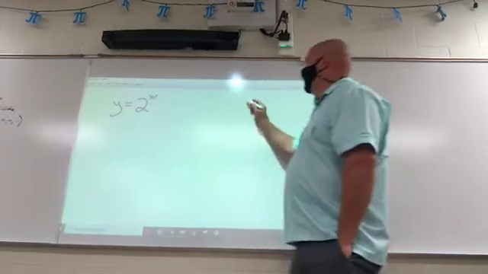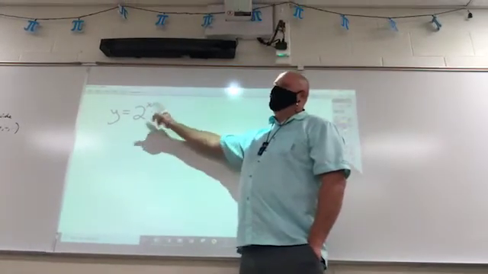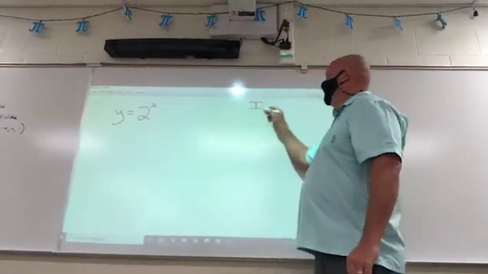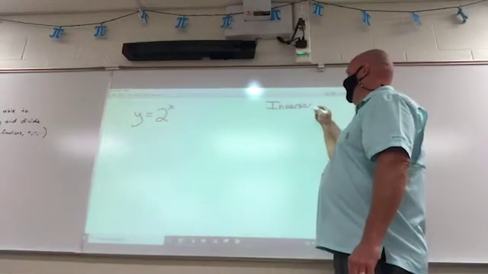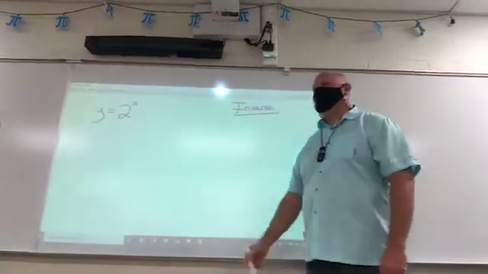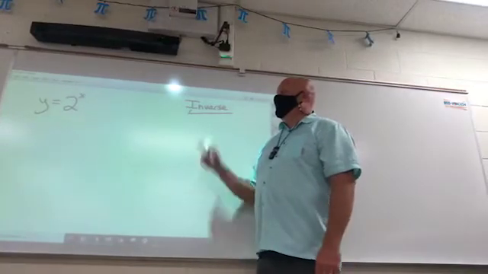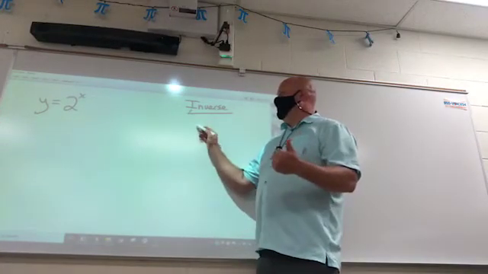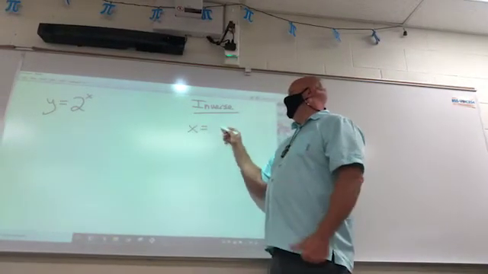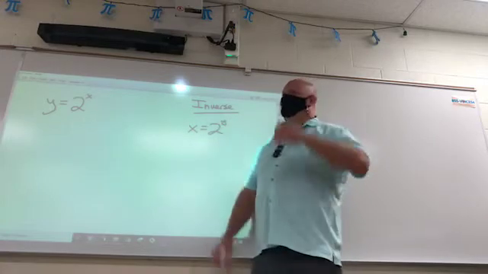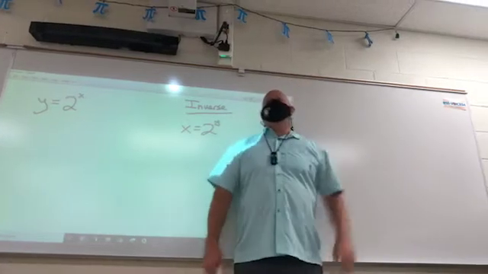And this actually creates a problem, because if I want to find the inverse to that, what's step 1? So x equals 2 to the y, right? Solve for y.